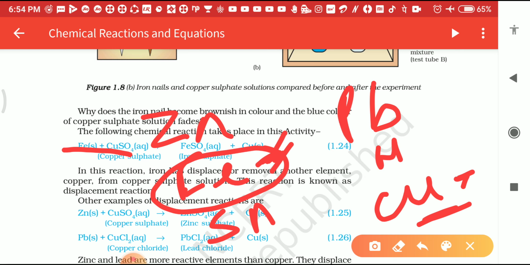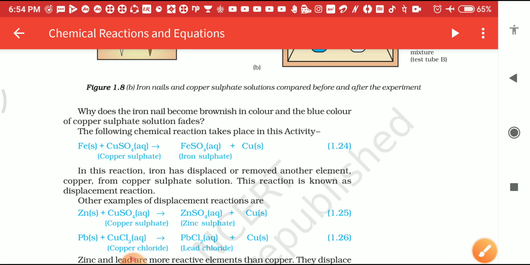Then it will give rise to ferrous sulfate plus copper. It means the most reactive metal can displace the least reactive metal. That's why this reaction is known as a displacement reaction.